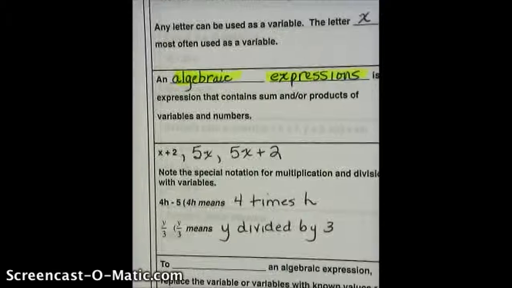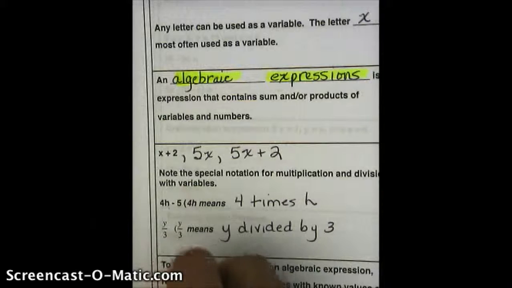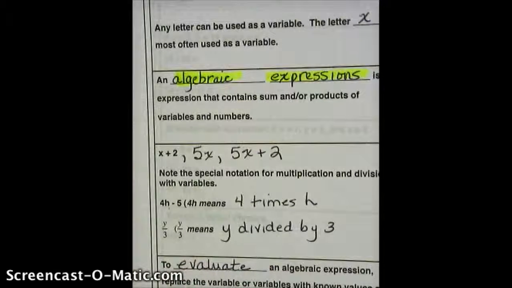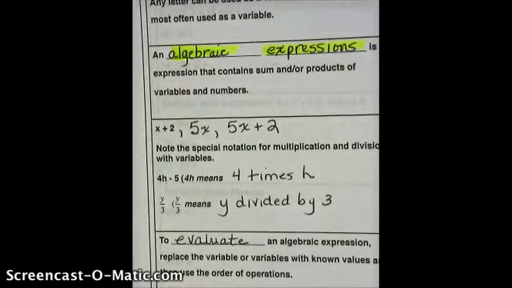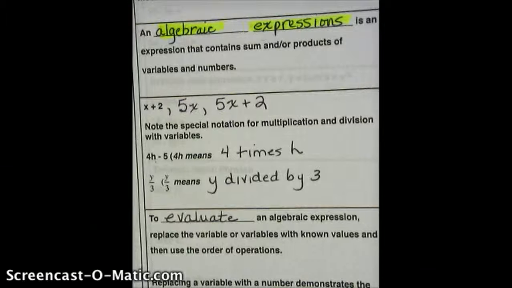Our next key concept is to evaluate an algebraic expression. We're going to replace the variable or variables with known values, and then we're going to use the order of operations to evaluate. So that means what we're going to do is come up with an answer.